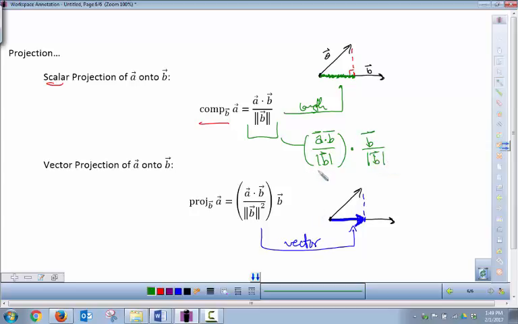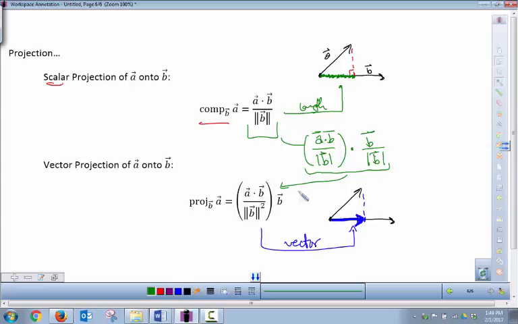So what we're saying is that if I want the vector in the same direction as B, but I want it to have this component length, then this is what I would do. I would multiply by the component, and I would take the vector B and normalize it. Well, that's exactly what this is.